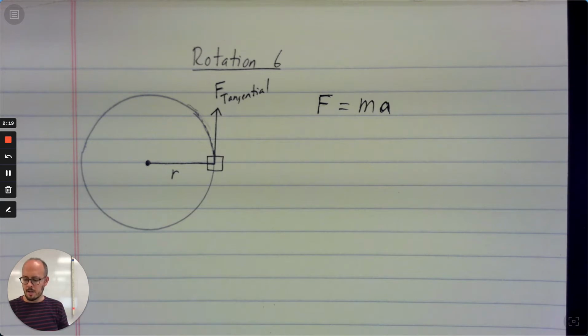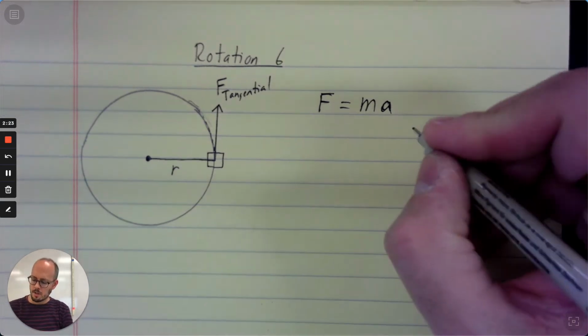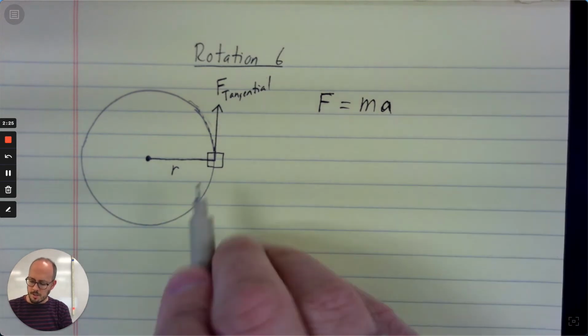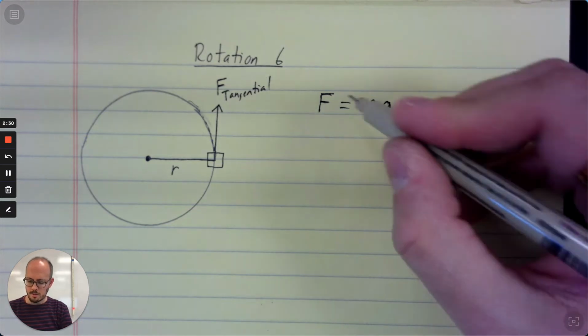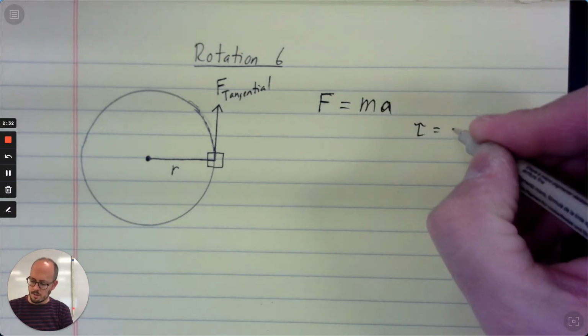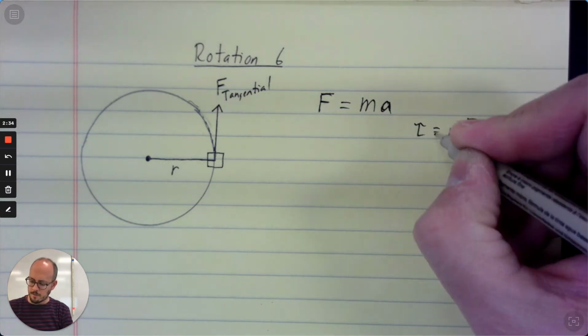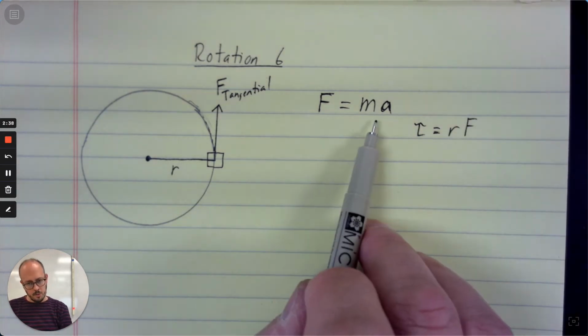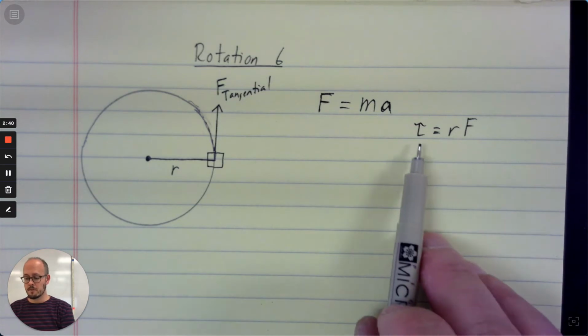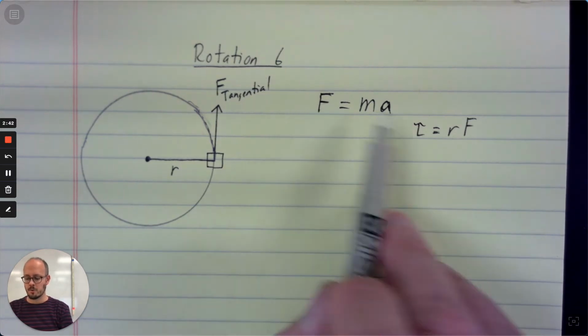Now, I'm going to manipulate this equation a little bit. The first manipulation is to say that because this is a 90-degree angle, the torque that this force exerts is just equal to r times F. To make this Newton's second law equation into the second law for rotation, I want to translate force into torque.